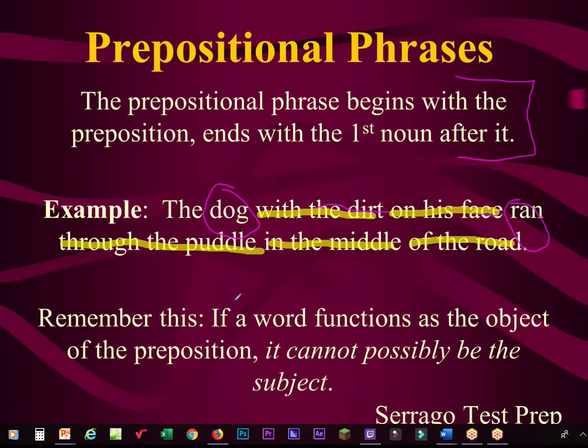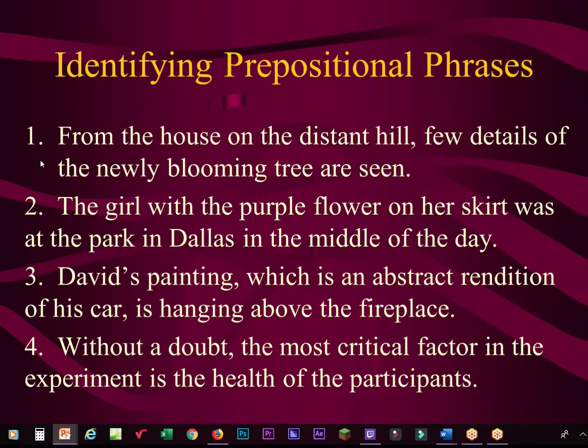That's what we're trying to do, is get rid of all of this extra stuff here so that we can have only the subject and the verb left. Here we're going to identify prepositional phrases and then see what's left. So on the first one, you would have from the house, on the distant hill.